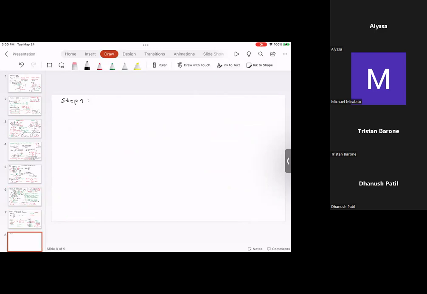Step 4, if you look at the failure mode, or the way that socket is going to fail, it's going to look something like this. And this is the area that is resisting the failure. So this is D2.